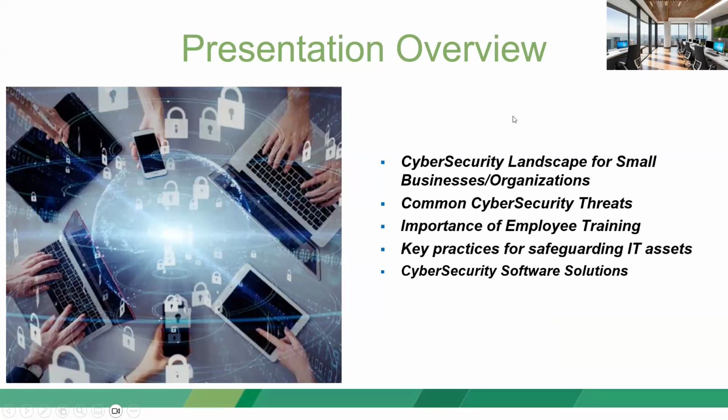What we're going to cover is a quick look at the landscape for small businesses and organizations, and specifically, what does it mean? Why are you targets? What are the common threats that are out there? I think it's key to know that, because the threats that were here 10 years ago aren't the same threats today.